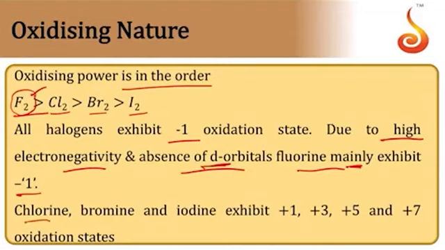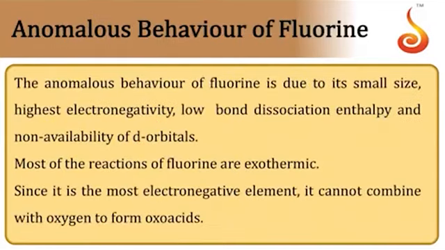The other elements, chlorine, bromine, iodine, exhibit +1, +3, +5 as well as +7 oxidation states. Now, other elements are going to exhibit positive states, that is chlorine, bromine, iodine exhibit +1, +3, +5 and then +7 oxidation state.